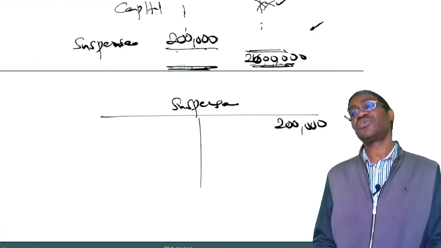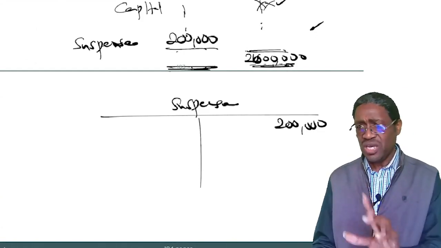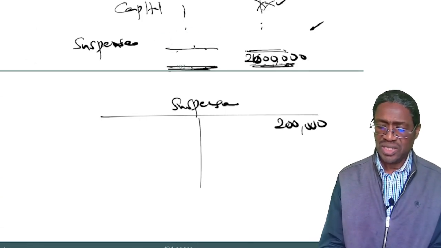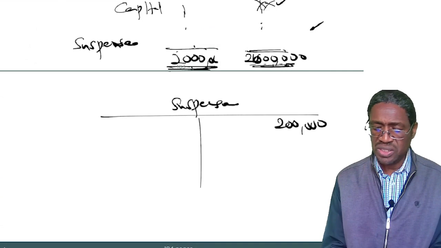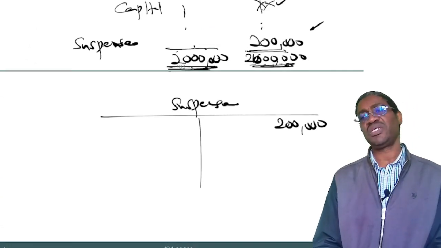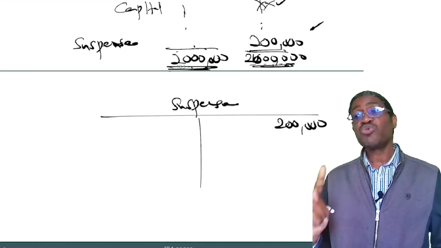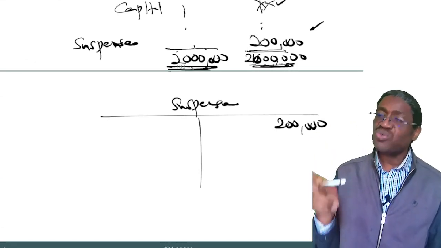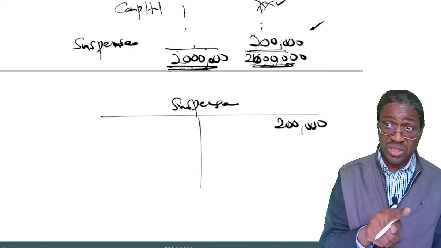Okay? Good. So let me assume that it was my original amount, that your trial balance did not balance with the credit side being less by 200. So what did you do? You suspended the 200 by transferring it to the suspense account.